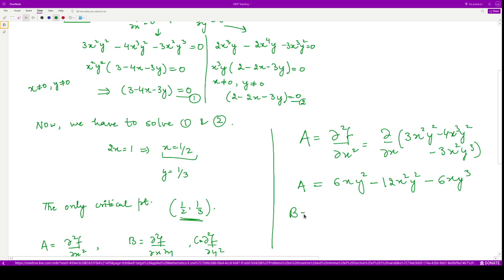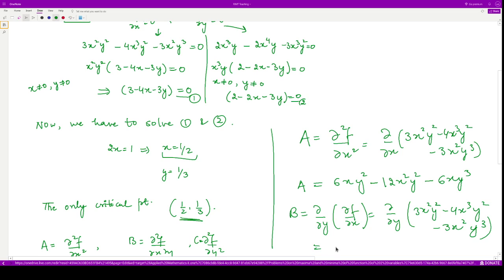What would be b? B would be taking the partial derivative with respect to y of this quantity. That means del by del y of 3x square y square minus 4x cube y square minus 3x square y cube. It would be 6x square y, and then minus 8x cube y, and then minus 9x square y square.